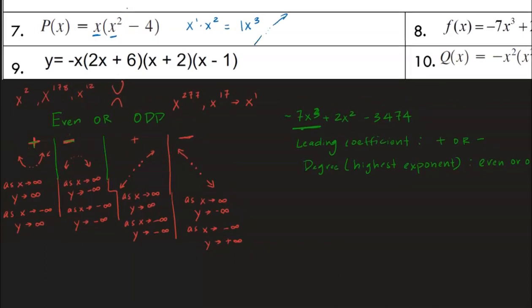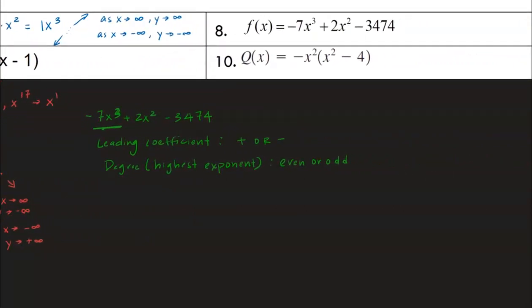Dot, dot, dot. Like that. So as x approaches positive infinity, y approaches positive infinity. And as x approaches negative infinity, y approaches negative infinity. Okay?